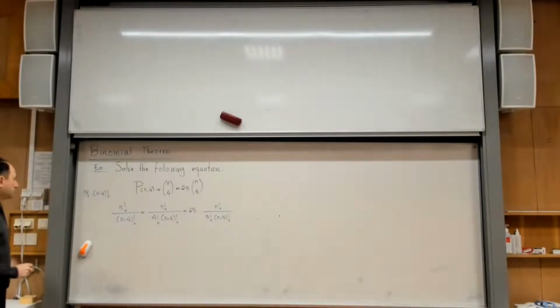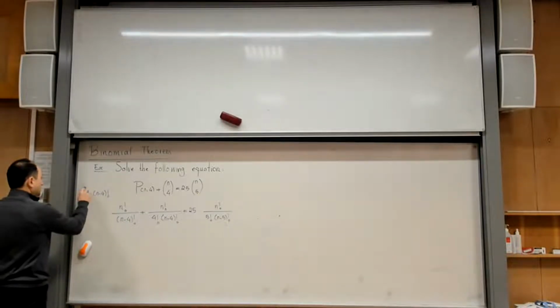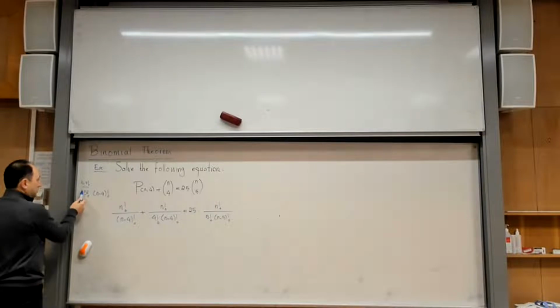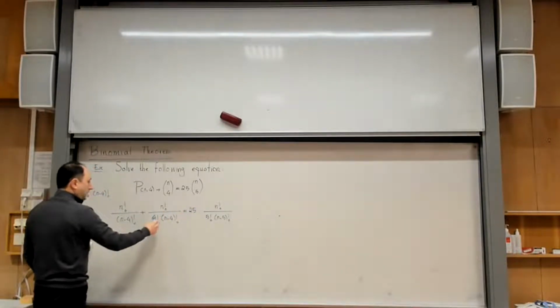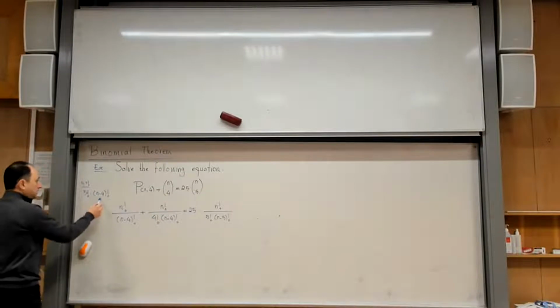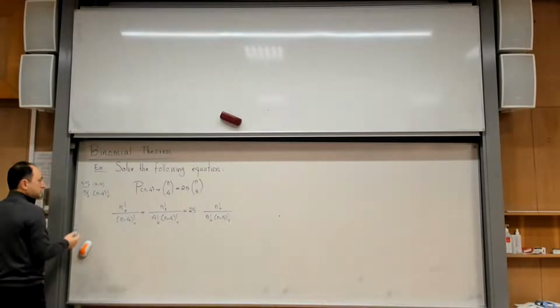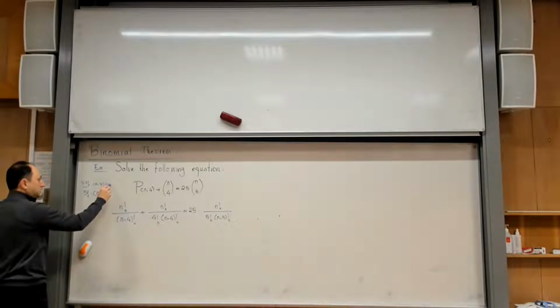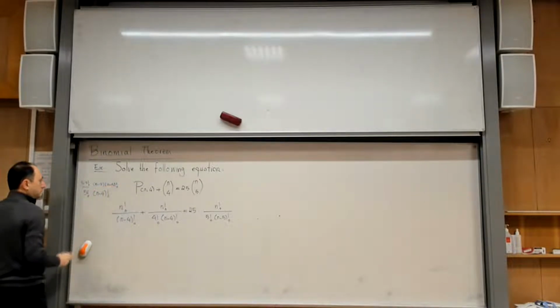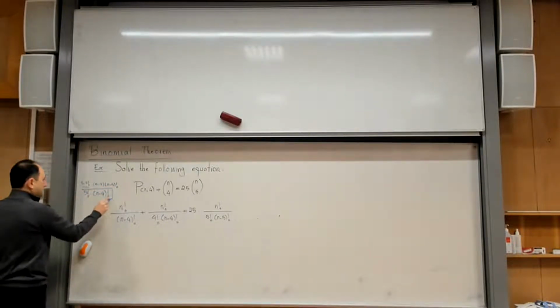Why is that? Because 5 factorial can be written as 5 times 4 factorial. So it means that 5 factorial is divisible by 5 factorial and 4 factorial. And n minus 4 factorial can be written as n minus 4 multiplied by the previous number, which is n minus 5 factorial. So that's a good thing, yes?